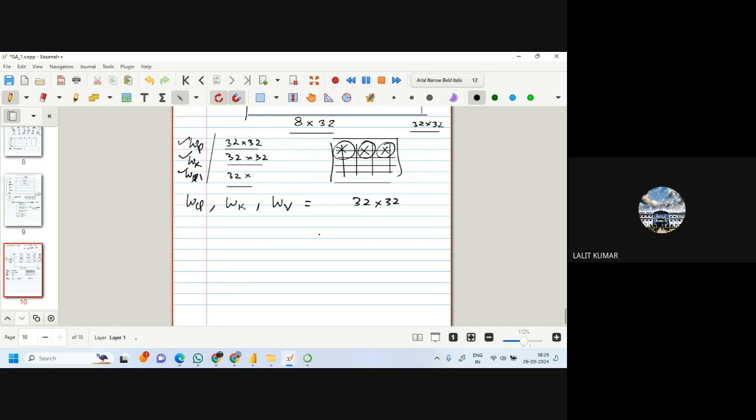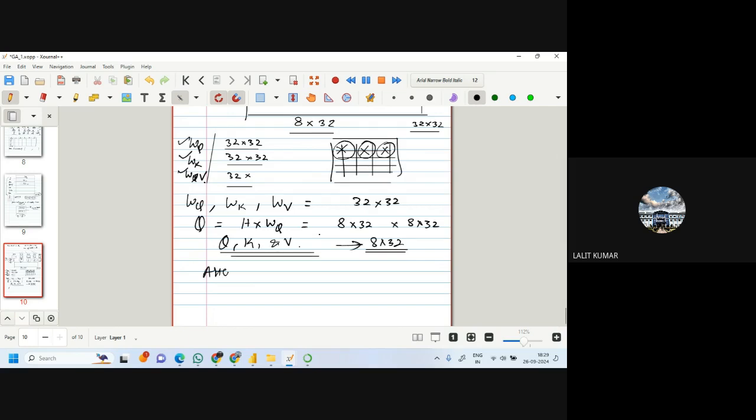First I calculate the attention weights, but before that I have to calculate Q, K, and V. Q is equal to H into WQ. H size is 8 into 32, and I multiply by 32 into 32, so I get an output of 8 into 32. So Q, K, and V are of size 8 into 32.